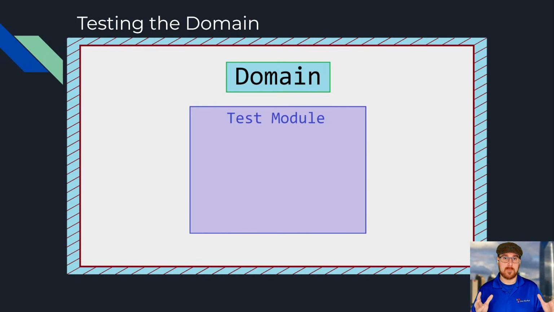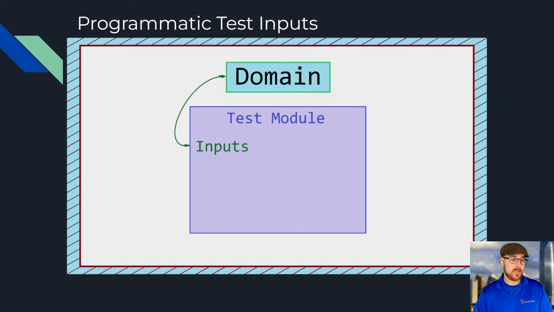But you have your test module or your test project, and that test module technically does three different things. It provides inputs into the domain. It gives inputs to the domain, calls things in the domain, and it creates these inputs programmatically. We're talking about a program here. We're talking about programming, so not exploratory testing or manual testing, a person going in and just making things up. These are programmatic inputs.